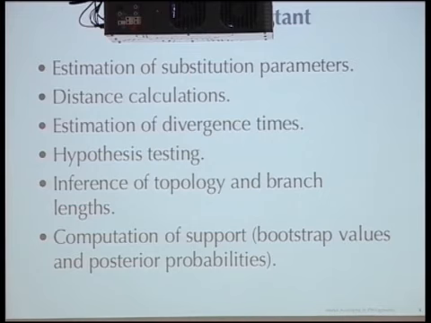Even better, I think that for me the most important question would be when they matter, right? Whether we could identify when we need to worry about the models and when we don't need to. In many cases, they don't. Maximum likelihood estimation is quite robust to model misspecification, right? But that's not always true. It depends on the topology of the true tree and so on.